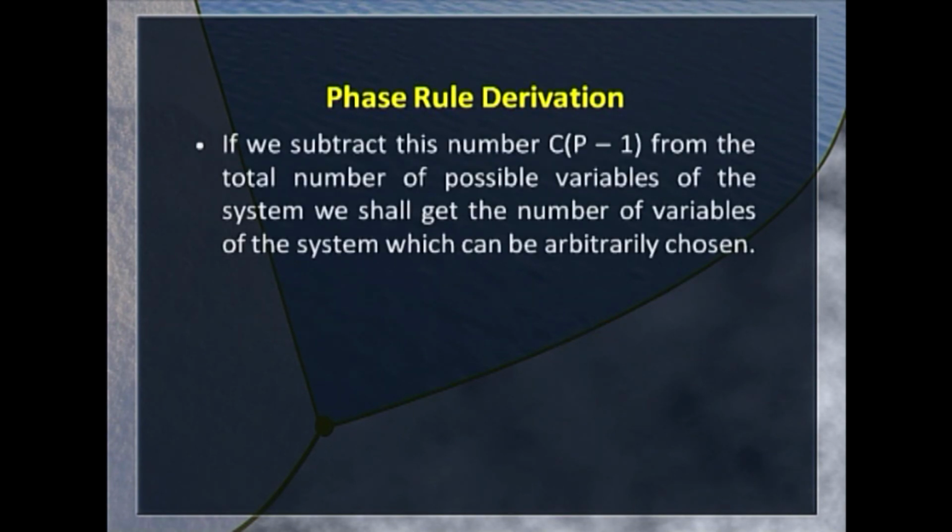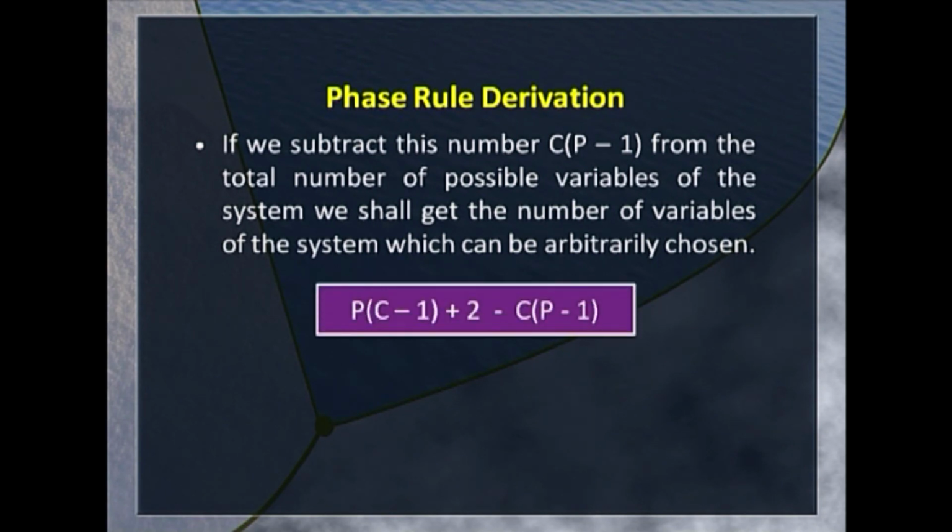And if we subtract this number C into p minus 1 from the total number of possible variables for the system, we will get the number of variables of the system which can be arbitrarily chosen, that is p into C minus 1 plus 2, the total number of intensive variables, minus C into p minus 1, the number of variables that are fixed by the system, or we can rewrite it as C minus p plus 2.